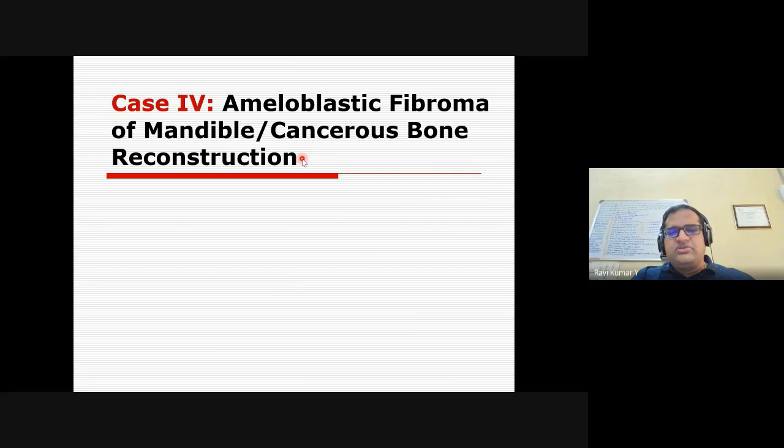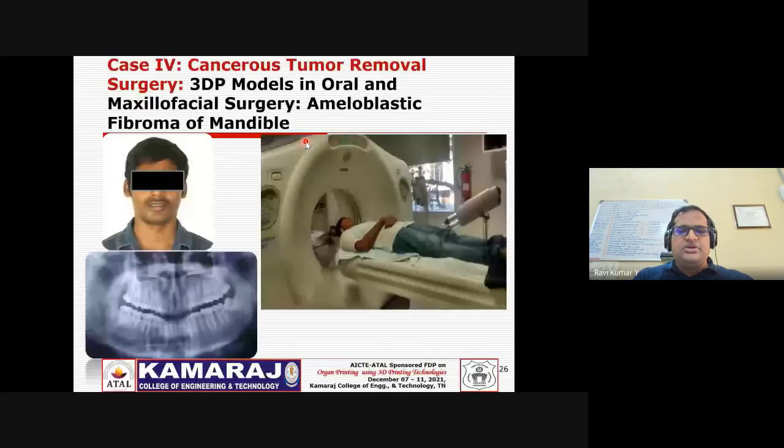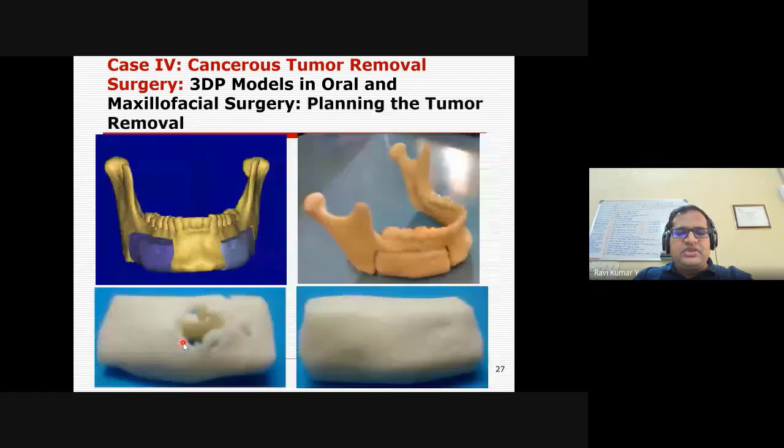In this case study, the technology has been used for a cancer patient who needs the jaw totally removed, because it has been affected by cancer due to tobacco products.